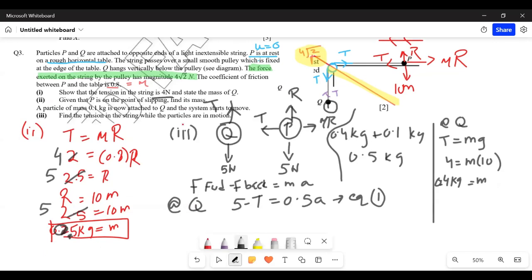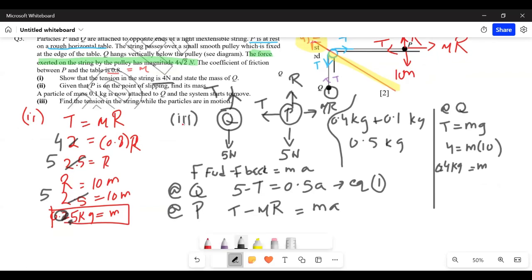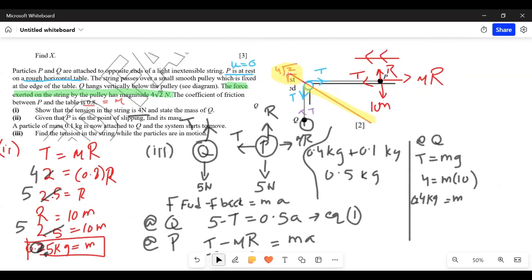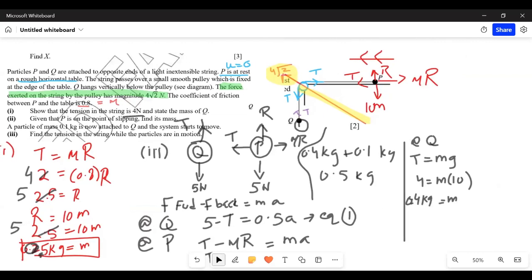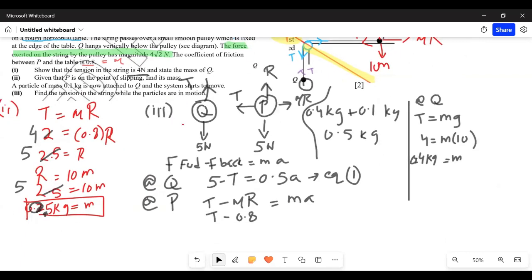And at P, there's T minus mu R. Forward force minus backward force is equals to MA. So it's going to be T minus mu, which was 0.8, and R is 5, because the downward weight is 5.